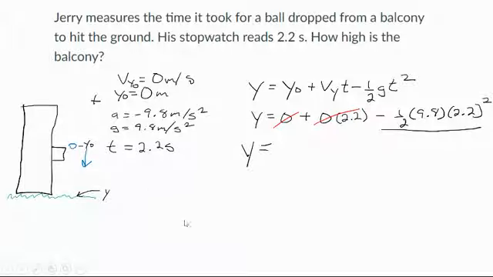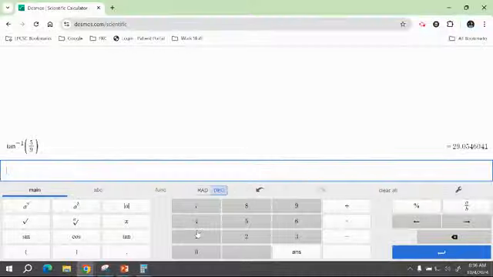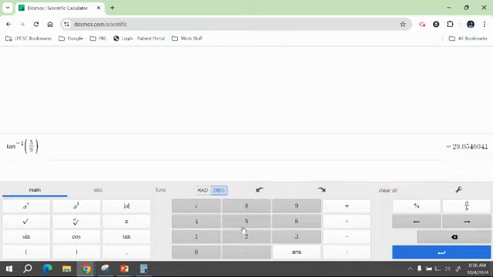So I can plug that into my calculator. I just have to pull up Desmos. So I'm going to say 1/2. Actually, it's negative 1/2. So let's do it this way.